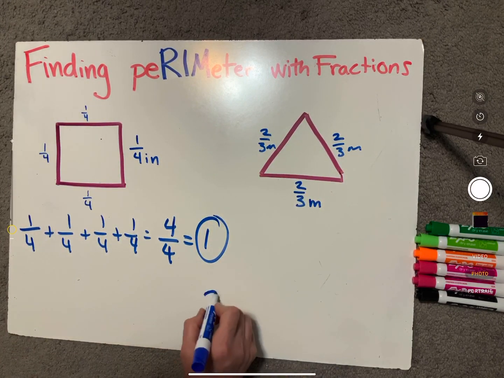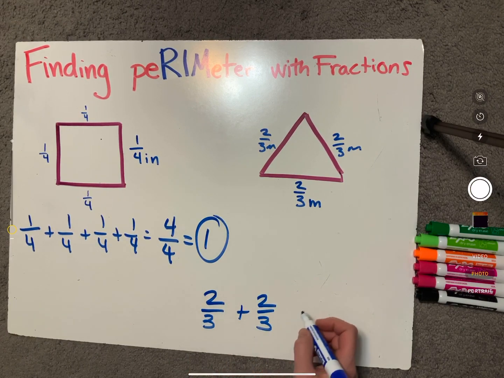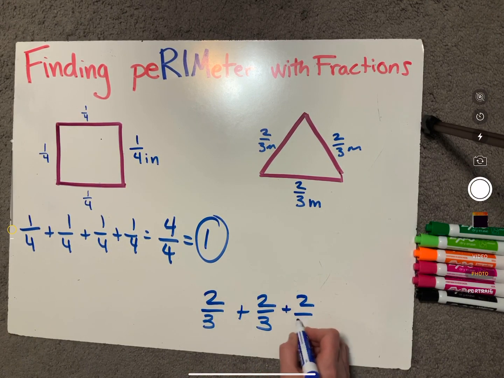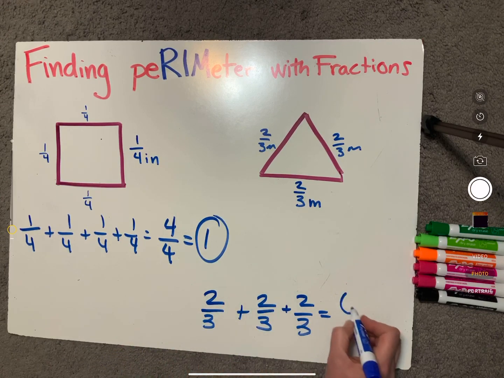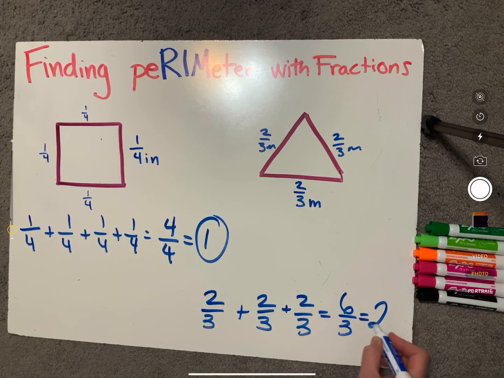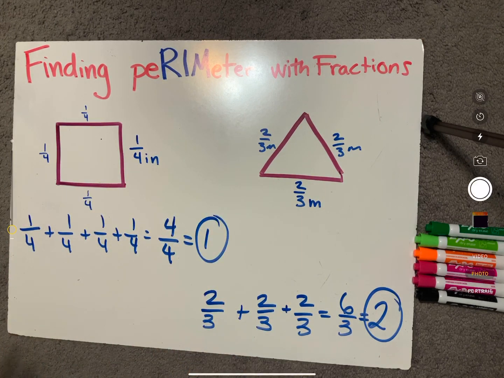So I would then take 2/3 plus 2/3 plus 2/3. Now the nice thing about this is that you don't have to find equivalent fractions. You're just ready to add straight across. So 2, 4, 6, so 6/3, which would be 2. Okay, so that's how you would do it if you had a shape that had equal length sides, like a square or an equilateral triangle.